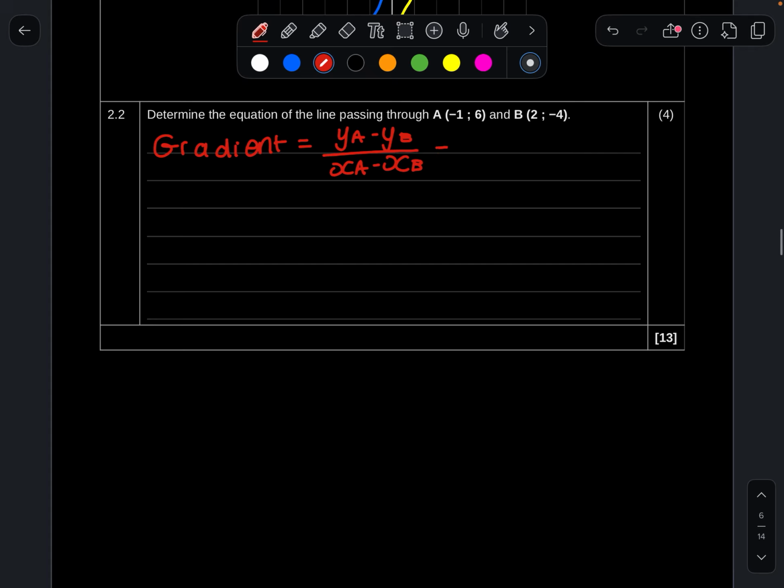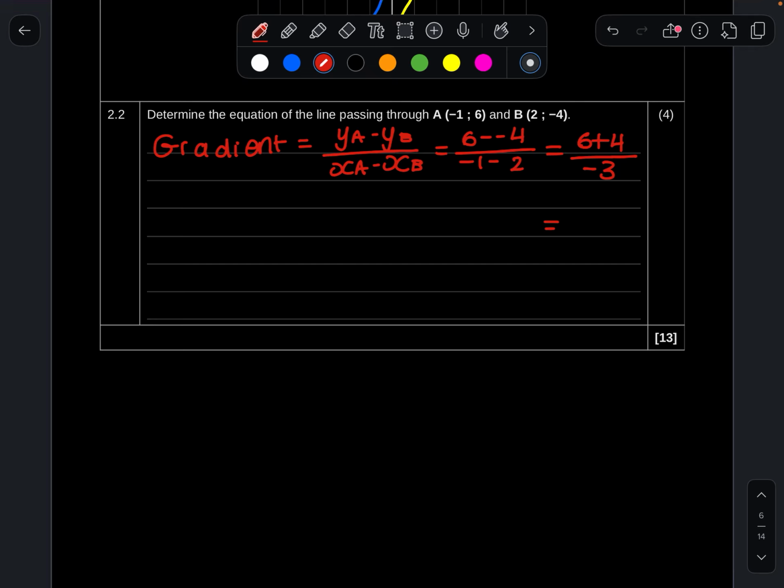Let's work it out. So ya is 6 minus yb is minus 4. xa is minus 1. xb is 2. 6 minus minus 4 is 6 plus 4. At the bottom we have minus 1 minus 2, so that is minus 3.